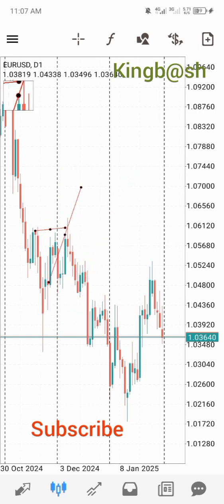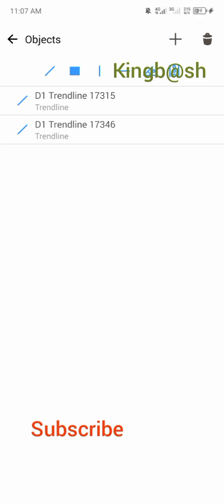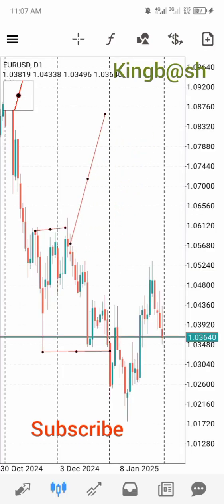Now you can see that this is the low price made here. Good. After making this high, price came back and made this low. Now this is your range: from this high to this low where price broke is your range.